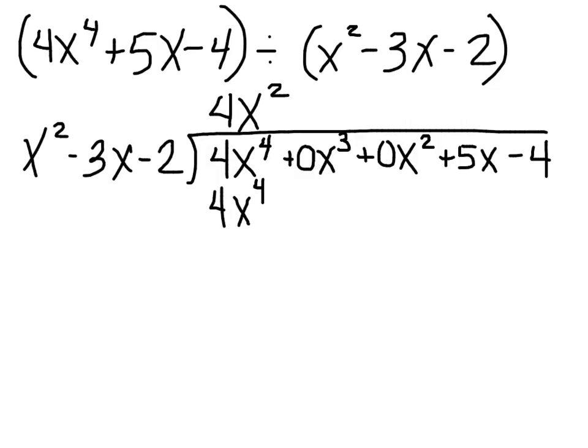What's 4x squared times negative 3x? Negative 12x cubed. Now, if I didn't leave a space for that x cubed, where was it going to go? You'd have no room for it. That's why you do that. What is 4x squared times negative 2?